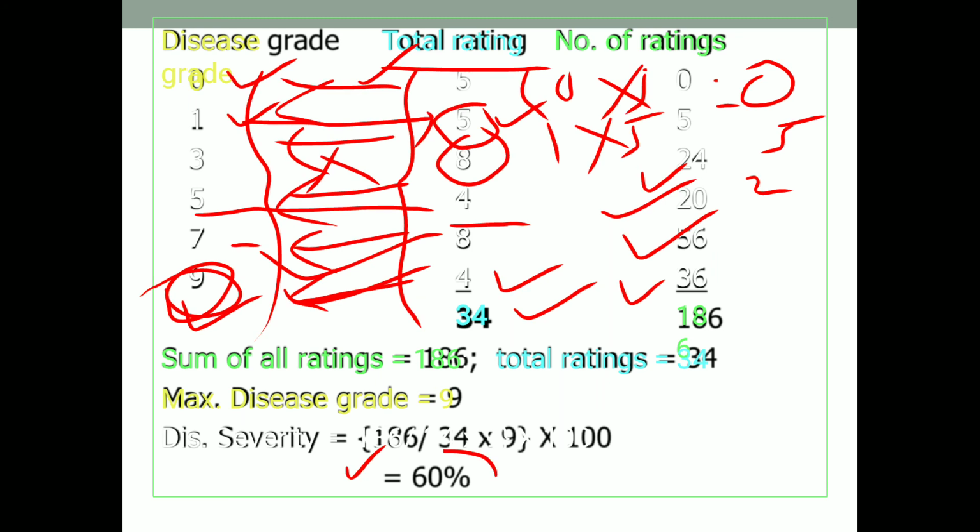So the disease severity is 60%. In that way we have to calculate the disease severity. It is very simple to calculate.